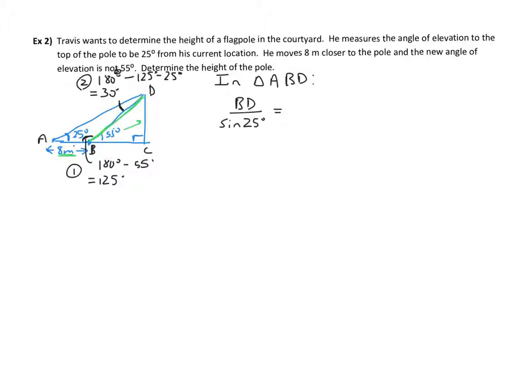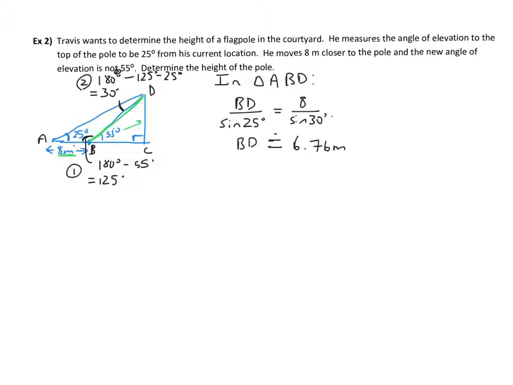That has to equal the side I know, AB, which is 8, and across from AB is the 30-degree angle, so the sine of 30 degrees. All right, and then we're going to solve for that BD. When I put that all in my calculator, I multiply both sides by the sine of 25 degrees, and I got approximately 6.76 for that one. Okay, 6.76 meters.